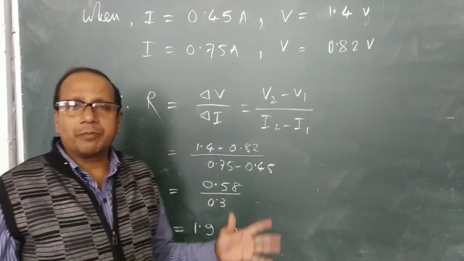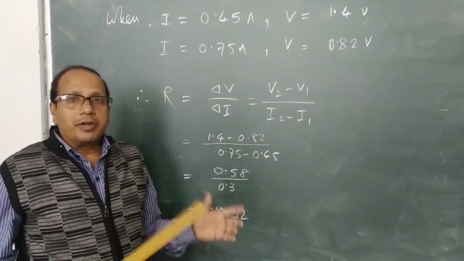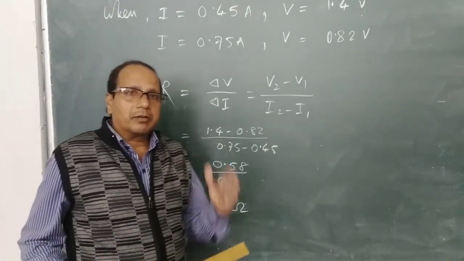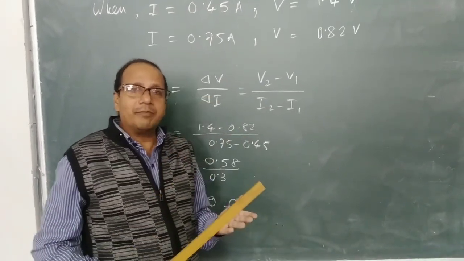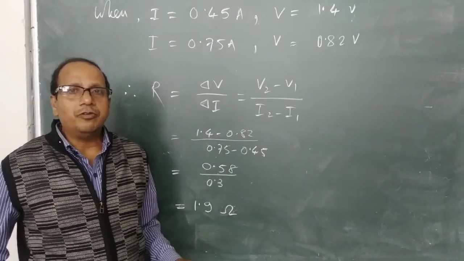Now let me go to the conclusion. We have seen in the graph, when we plot voltage versus current, the line is a straight line. The straight line means that voltage and current are directly proportional to each other.